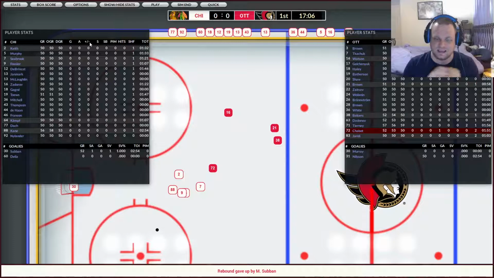So at the most basic level, if I'm on the ice and 88 scores here, I get a minus for that. If I'm on the ice and 88 scores again, I'm another minus, and then I'm -2. Then if I'm on the ice and 72 scores, then I'm +1.